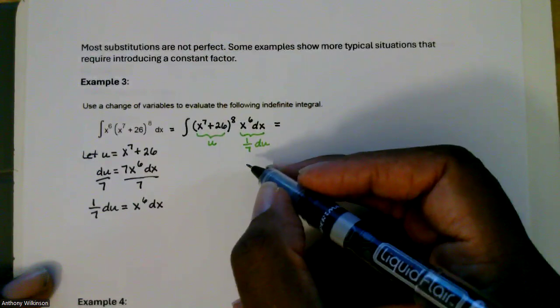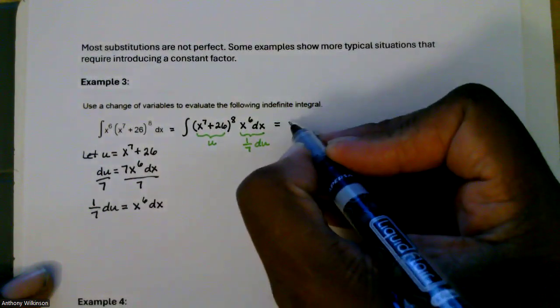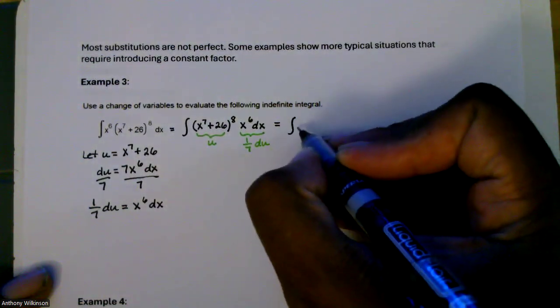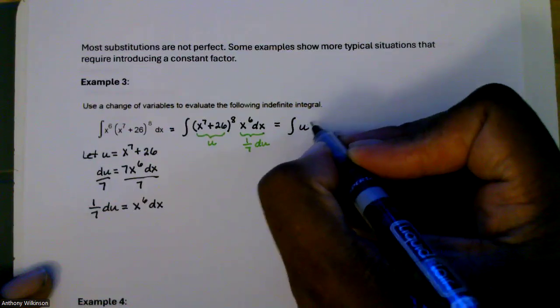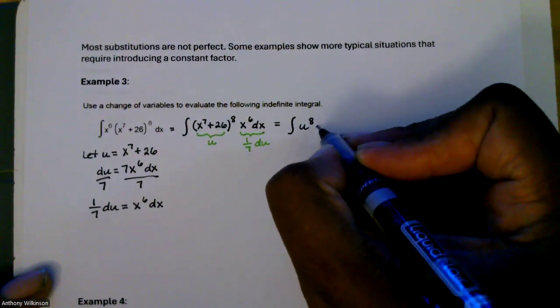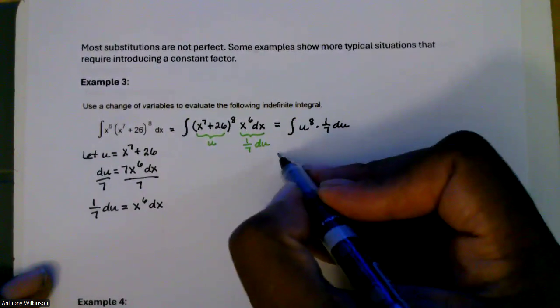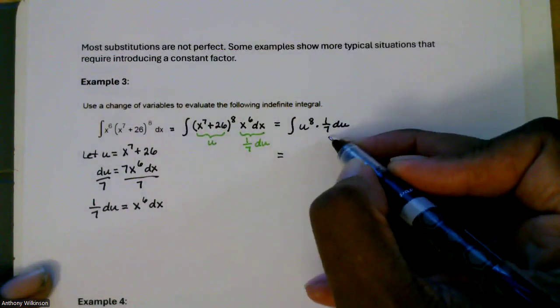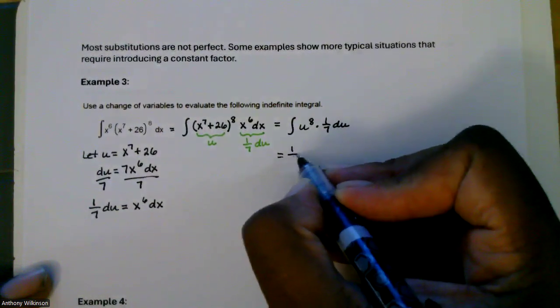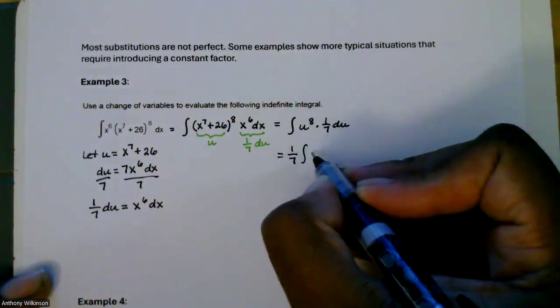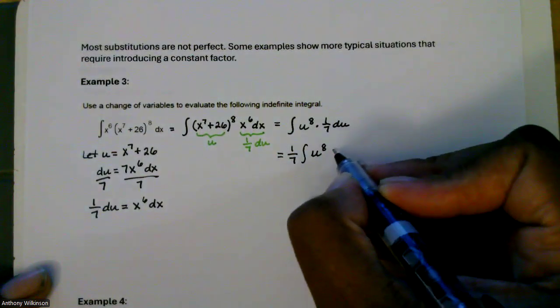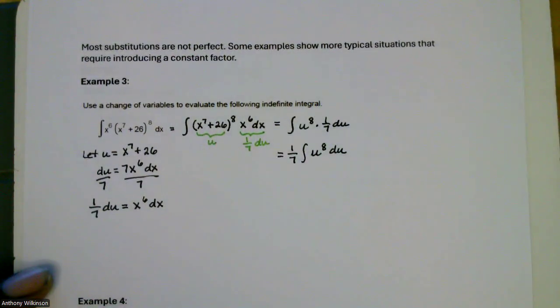Now, and I'll go and do the immediate substitution here. Integral of u to the 8th times 1/7 du. Now the constant is 1/7. I can pull that out in front, so it'll be 1/7 times the integral of u to the 8th du.